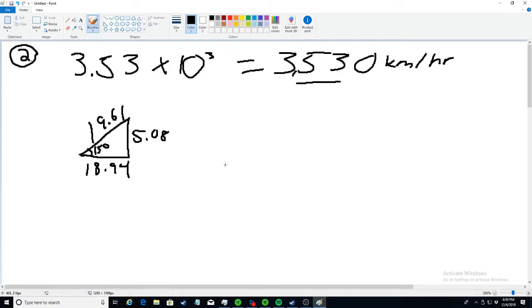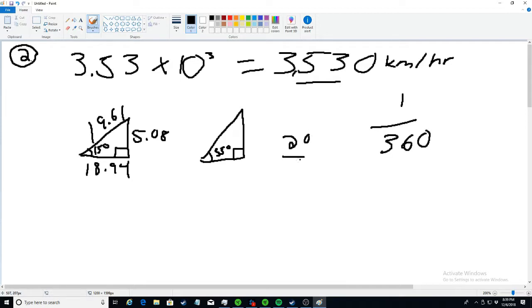For 10 seconds, the angle is increased to 35. Again, we're going to draw ourselves another triangle here. 35 degrees. Now for 10 seconds, it's the same exact theory as the 20-second one, but it's just divided by 2, as 20 over 10 is just 2.